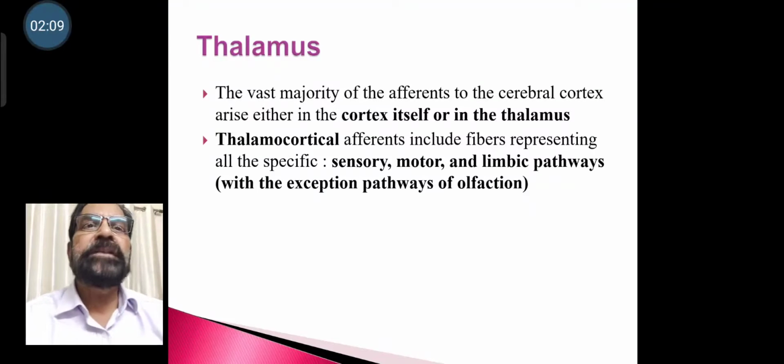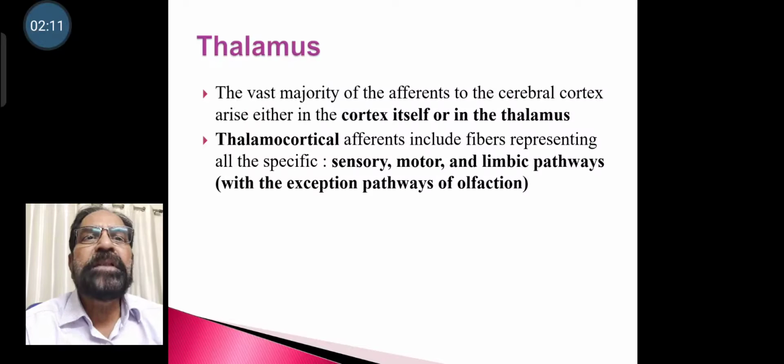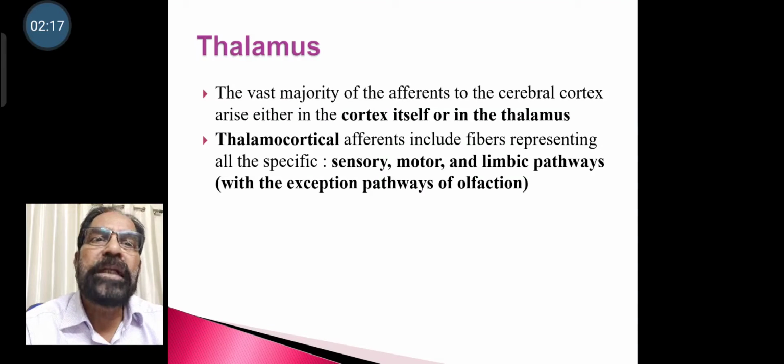Now coming to thalamus, the vast majority of afferents to the cerebral cortex arise in the cortex itself or the thalamus. The thalamocortical afferents include fibers representing sensory, motor, and limbic pathways, with the exception of pathways of olfaction.